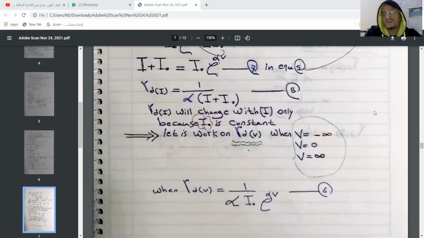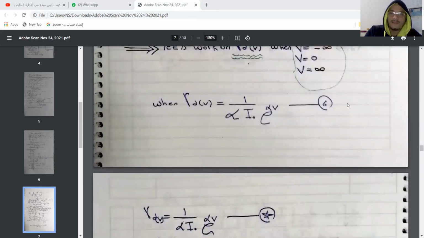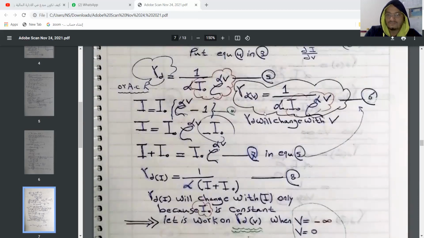Now let's work on the dynamic resistance when V equals a hugely negative amount, when V equals 0, and when V equals a hugely positive amount. We use equation number 6, or number 5, the same.